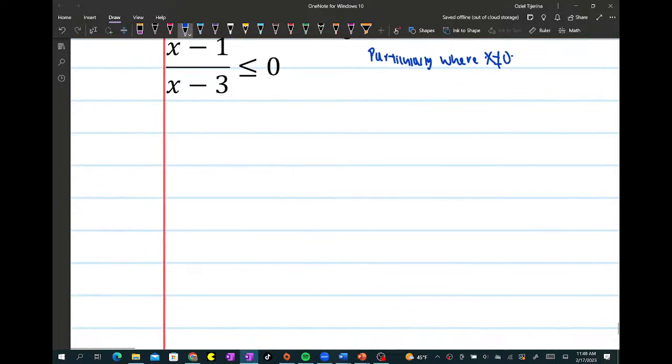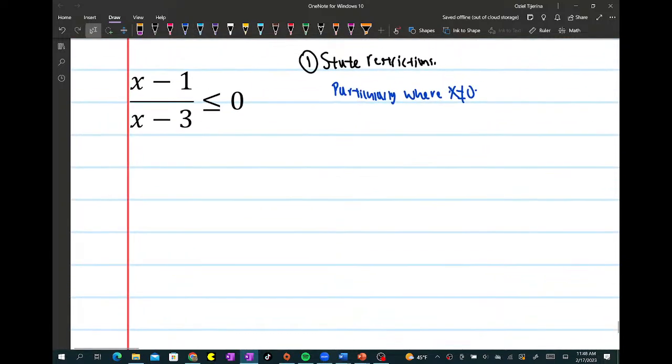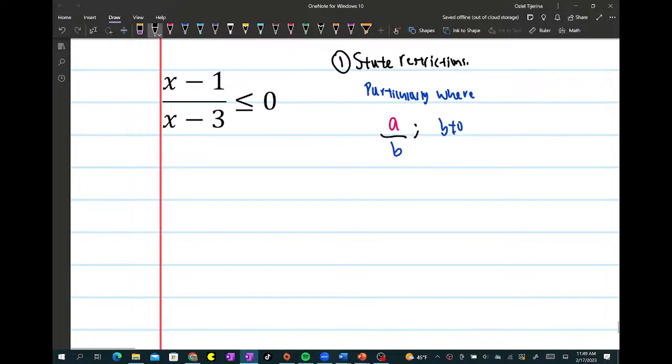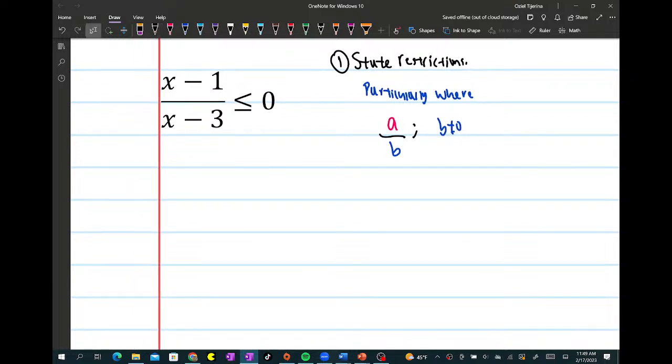Usually, if you have it of the form like, say, a over b, you want to state where b cannot be equal to 0, right? So that's basically what I'm trying to say here. And that's exactly what we did in the video. We stated what the restrictions were.